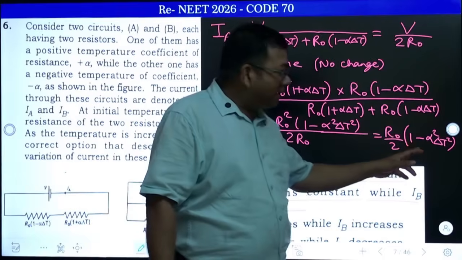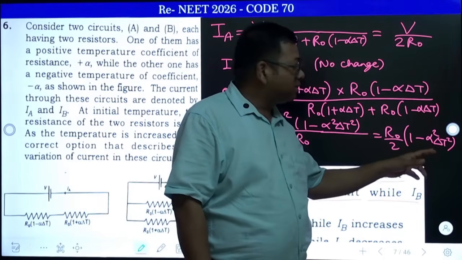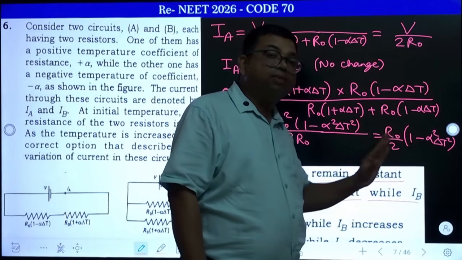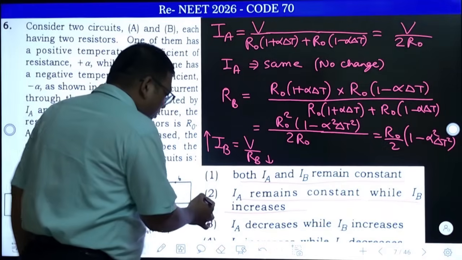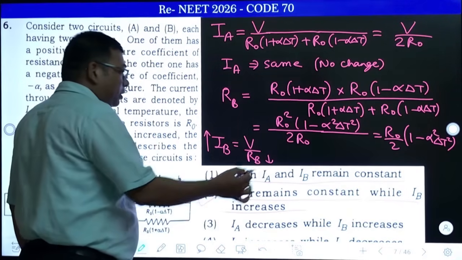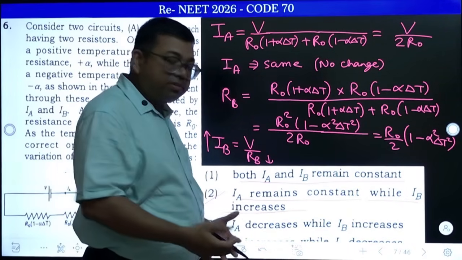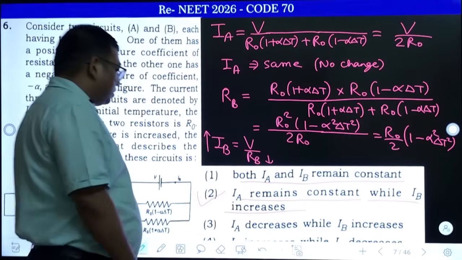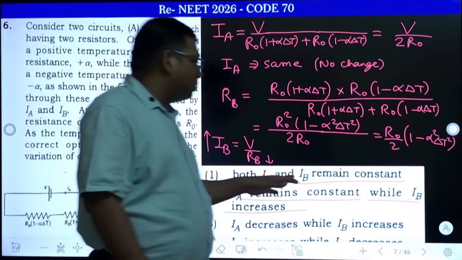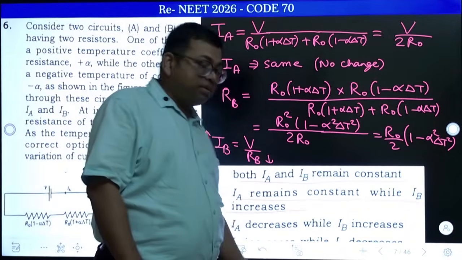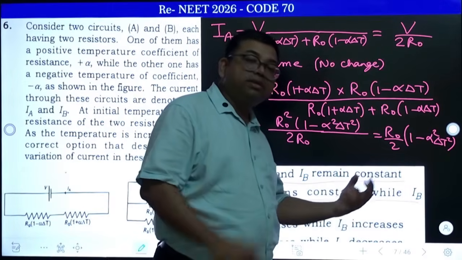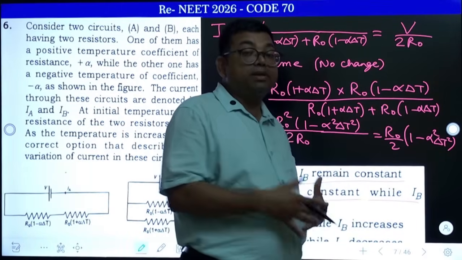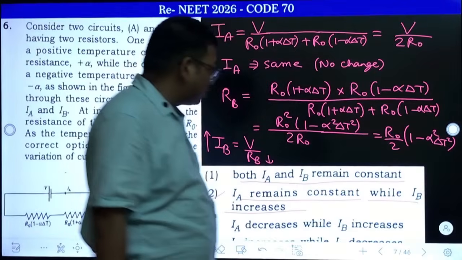If you don't neglect, then the resistance is decreasing and the current will be increasing. So you can go with this if you want exact, but if you want approximate, you can go for this. But they have not said that IB remains constant approximately. If they had said the word approximately, then definitely this could also be correct.